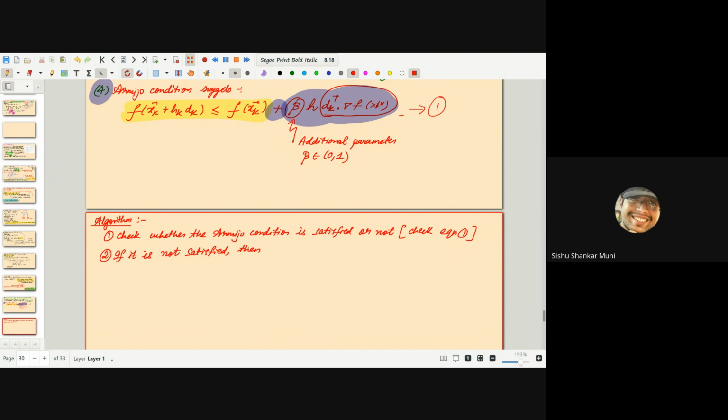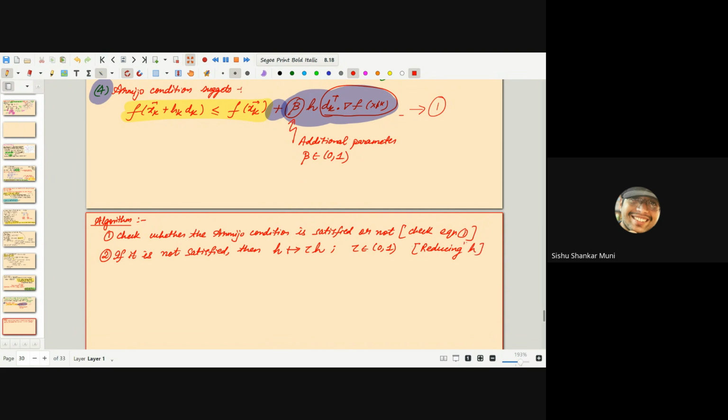If the Armijo condition is not satisfied, then only change the step size. So how will we change the step size? Scale it. Change the step size h to tau h, where tau is some value between 0 and 1. That means we are actually reducing the step size.